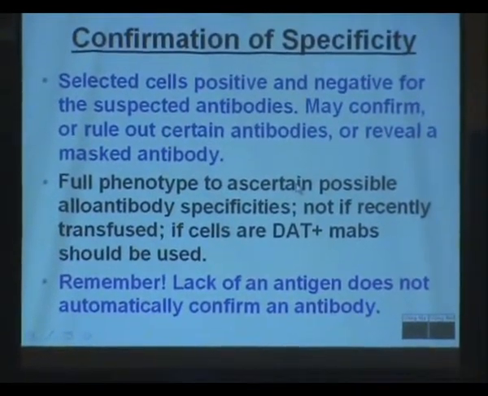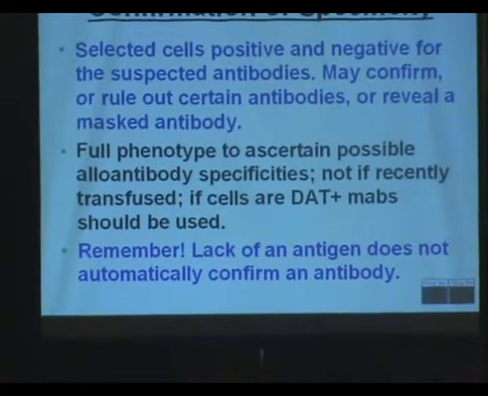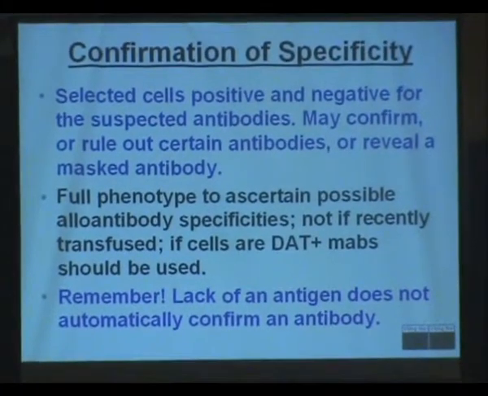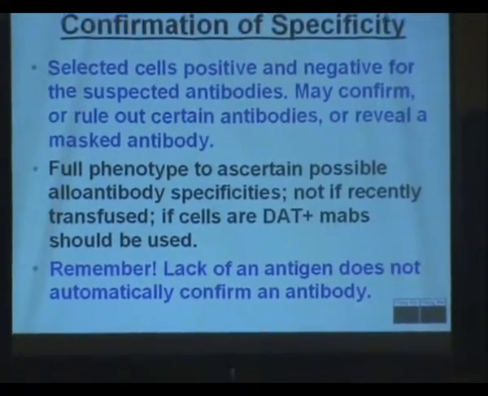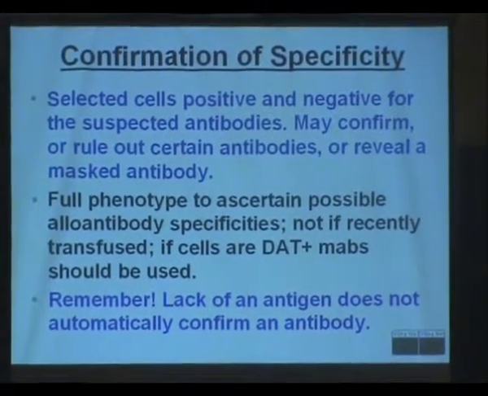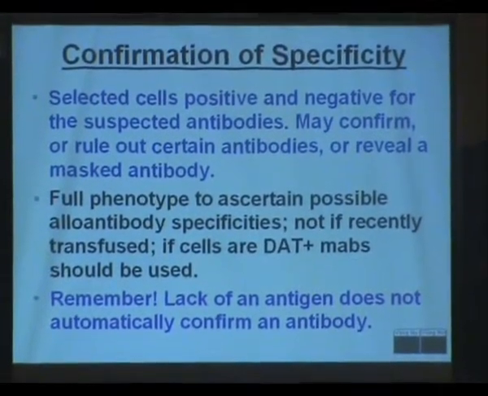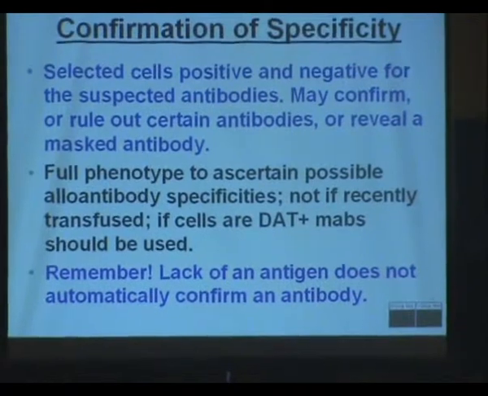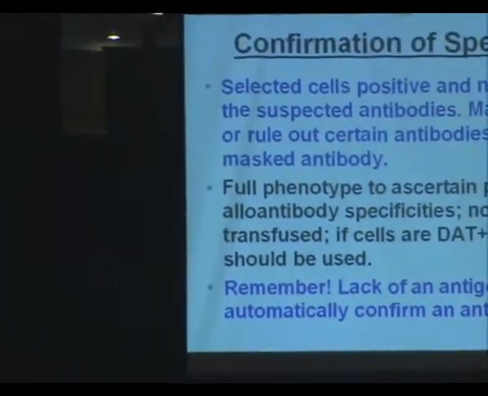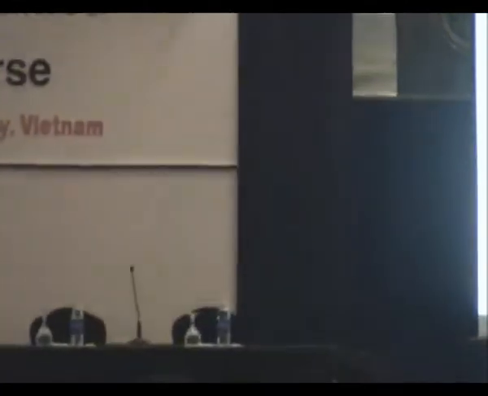Are we dealing with anti-M plus anti-S plus anti-Fya, or two of those antibodies? So we need to select cells that are positive and negative for those suspected antibodies. This helps us to either confirm or rule out certain antibodies, and sometimes it can actually reveal an antibody that you didn't suspect you were dealing with at all.